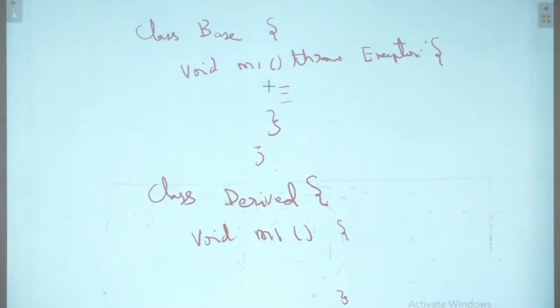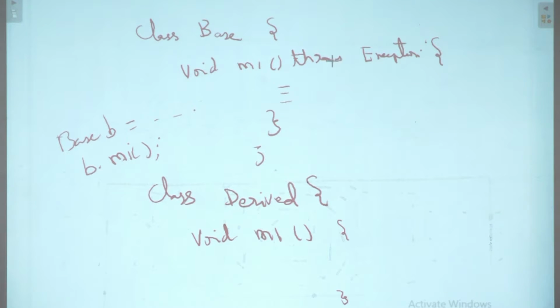If I am using this reference, that is base class reference, and so I am saying, let's say, Base B is equal to new something. I am saying B.M1, I am calling B.M1. While calling B.M1, I would have either written a try-catch block or I would have reported. Are you understanding?